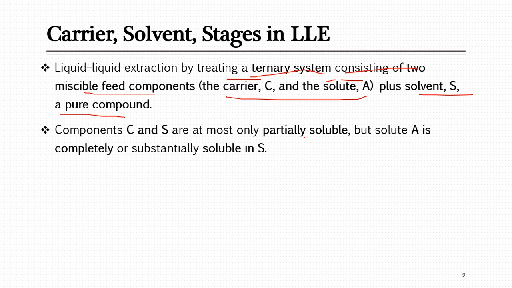They should be either insoluble with each other or partially soluble with each other. That means only a small part of the carrier should be transferred with the solvent. But as our purpose is to extract A from this feed, the solute A should be completely, or substantially in large amount, soluble in S, attracted towards S, so that it can be separated.